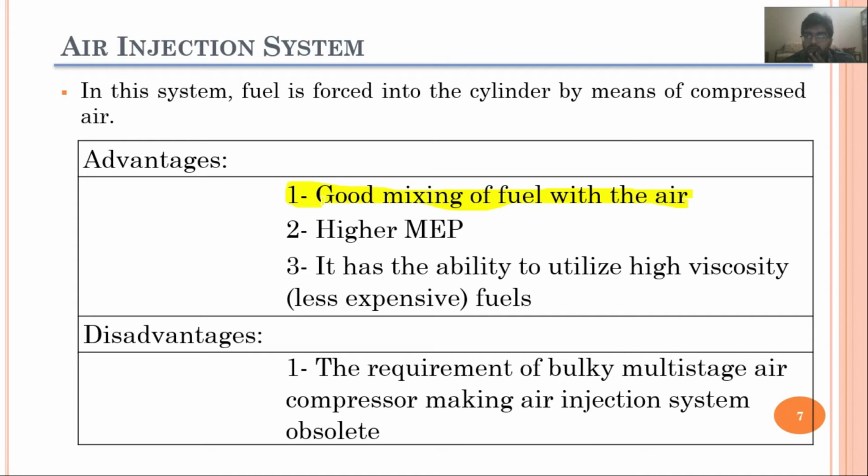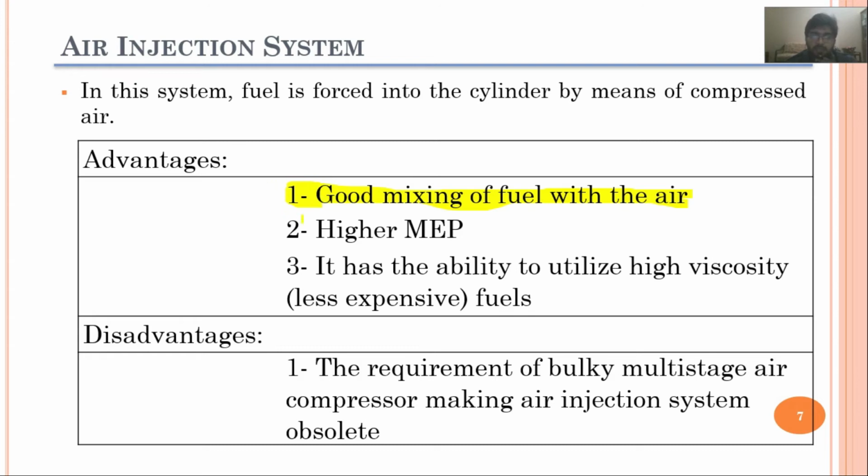Since compressed air is being used, the entire volume of the fuel which would be injected inside the combustion chamber would be at that pressure, and thus it would give a more effective mixing of the fuel with the air.